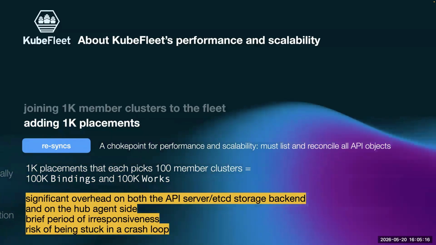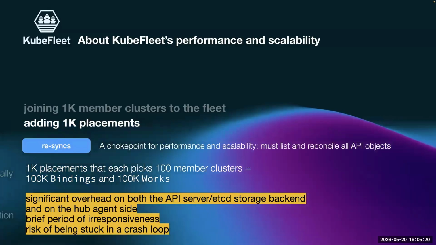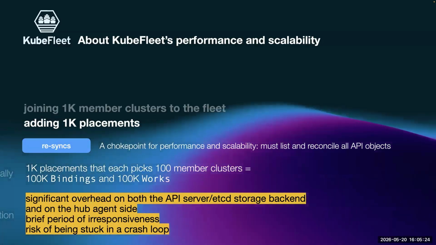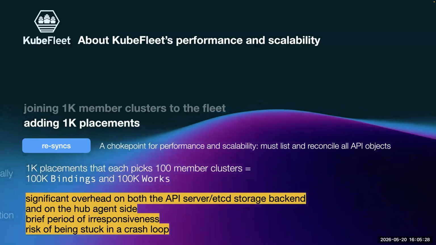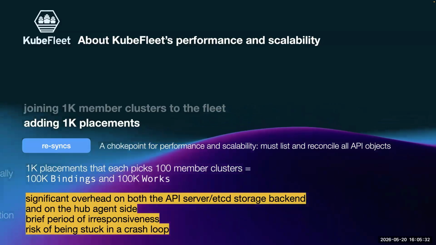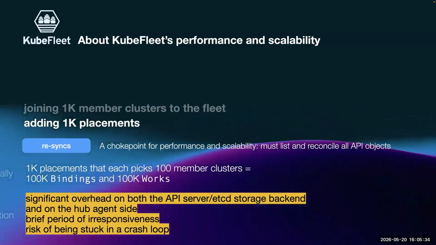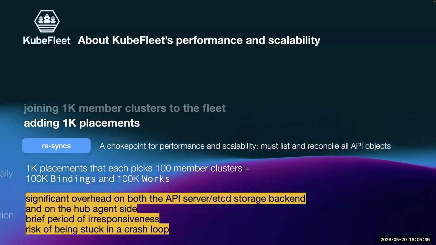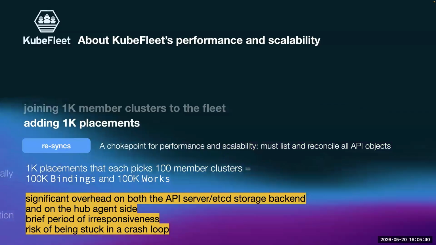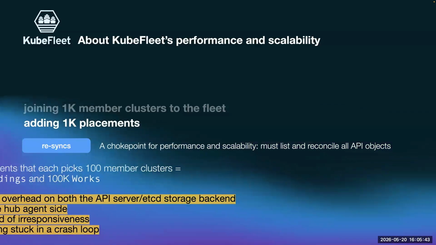There is also this nightmare scenario where the KubeFleet agent starts resyncing, but it crashes in between, and then it reboots. And after it reboots, it must restart all the resync workload from the very beginning, and then will crash again. That kind of thing. It's a really nightmare scenario. The whole system will be stuck in a crash loop. So we'll have to be very careful about that.